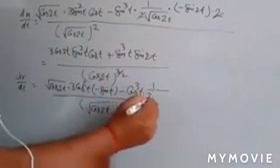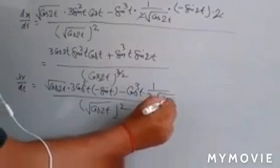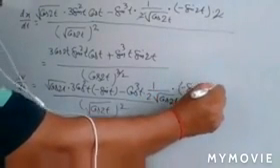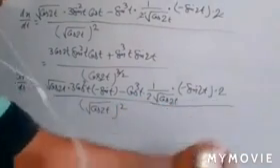So 1 upon 2 under root cos 2t into minus sine 2t into 2.